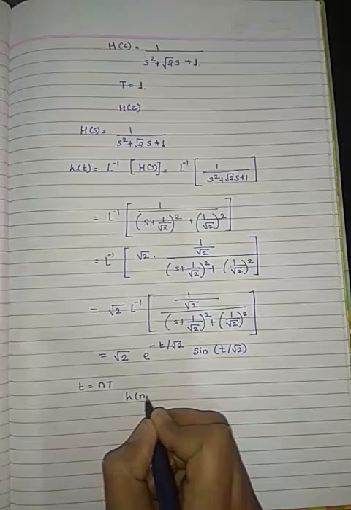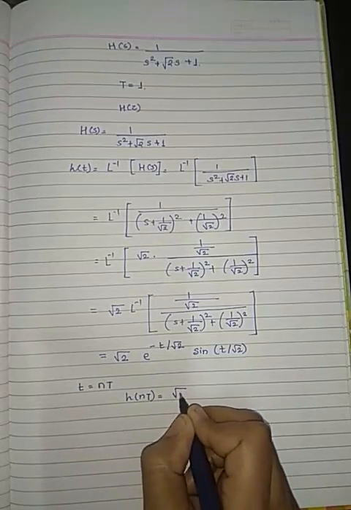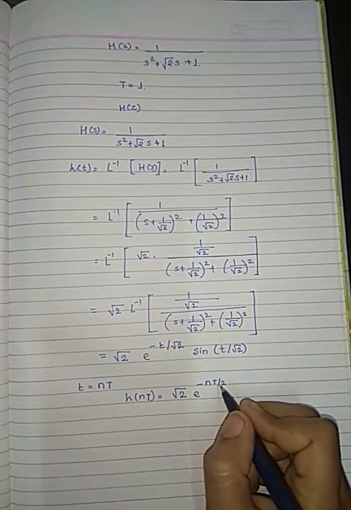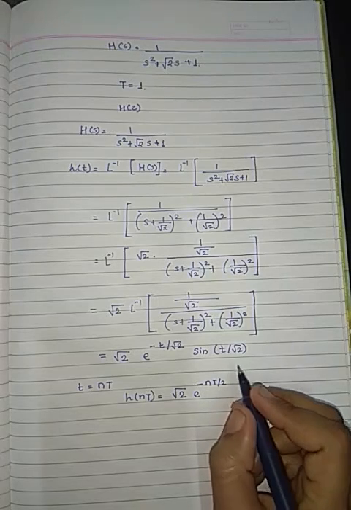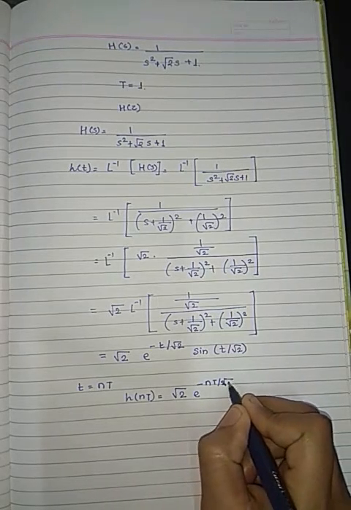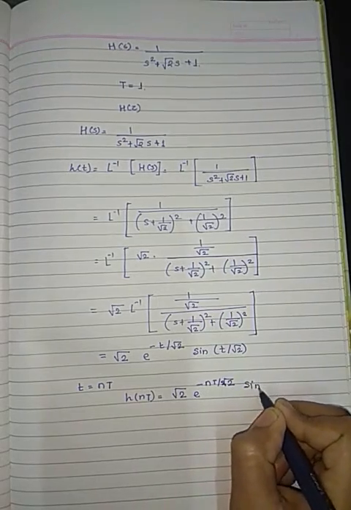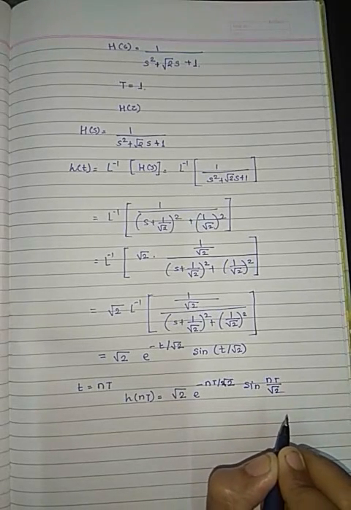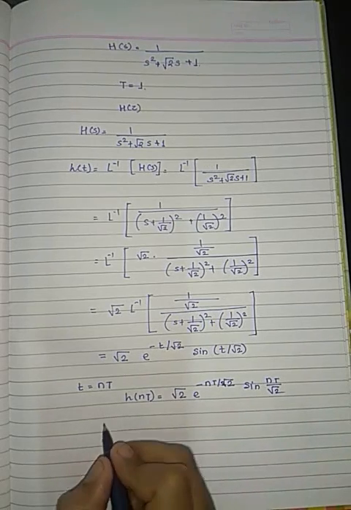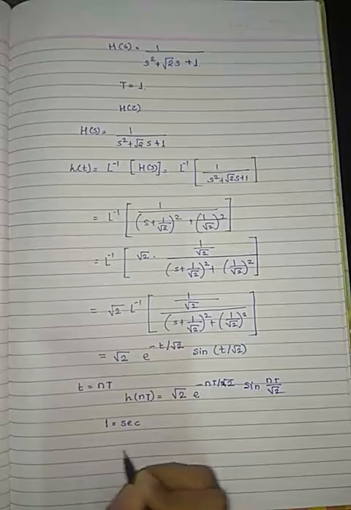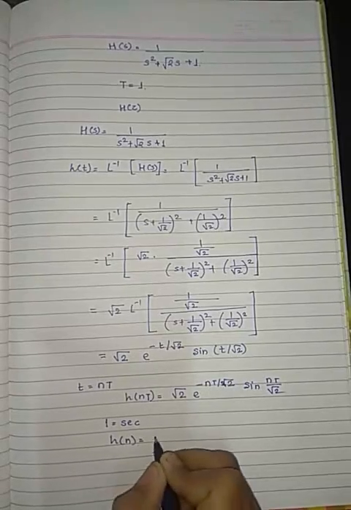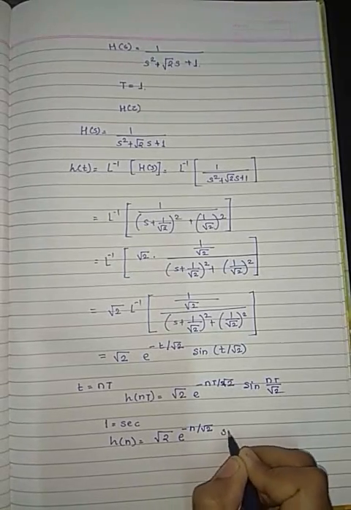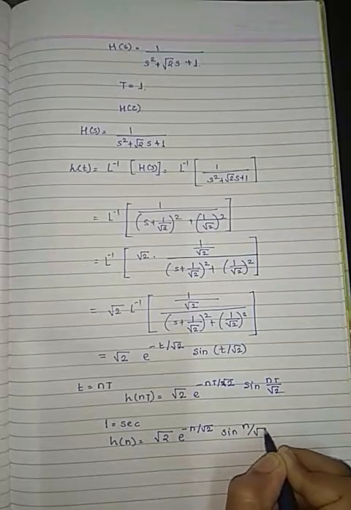So h of nT then becomes equivalent to square root of 2 e raised to minus nT by square root of 2 into sine nT divided by square root of 2. So at T equivalent to 1 second, we have h of n equal to square root of 2 into e raised to minus n by square root of 2 sine of n divided by root 2.